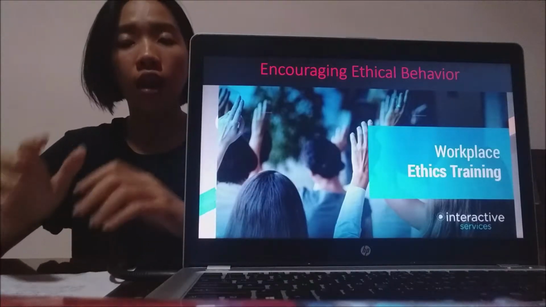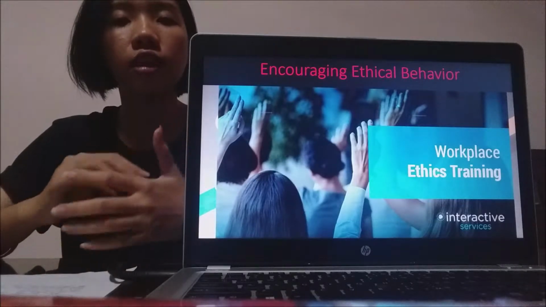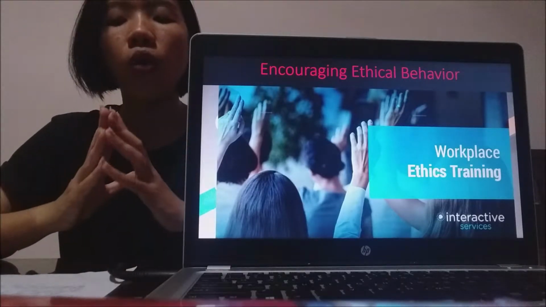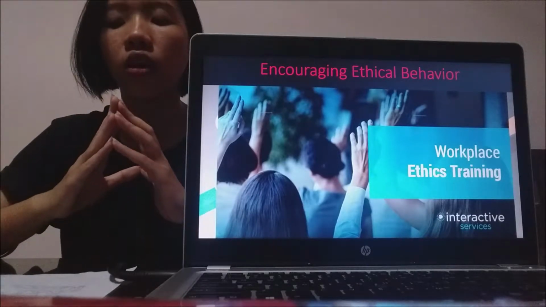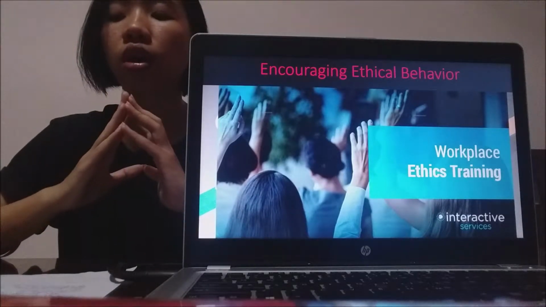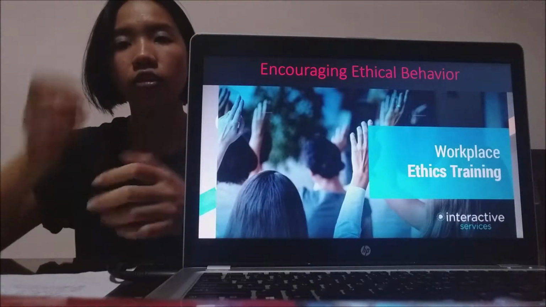And after having selected the employees, the organization should hold more workshops for training and also make employees more clearly aware of the ethical guidelines.